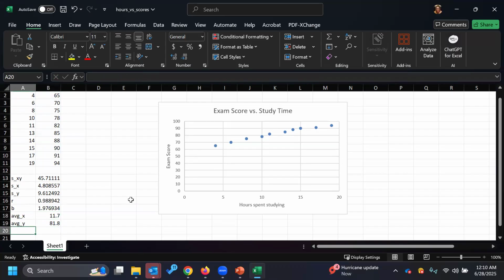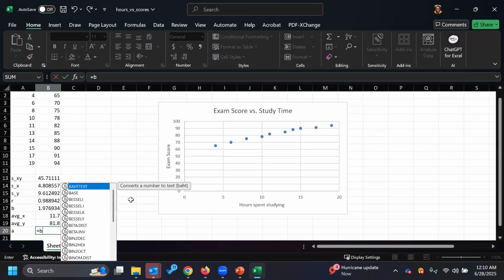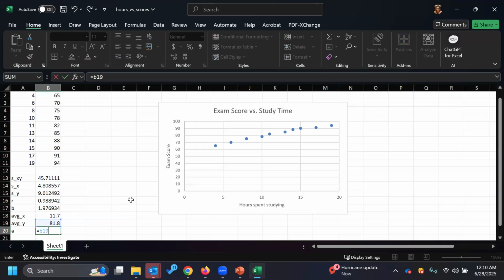All right, now we can get A according to our formula, right? It is the average of the Y, which is B19, minus our slope B, which is B17, times the average of the X, which is B18.